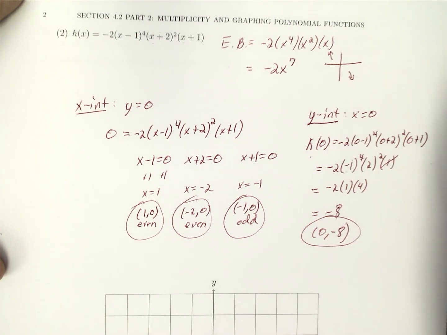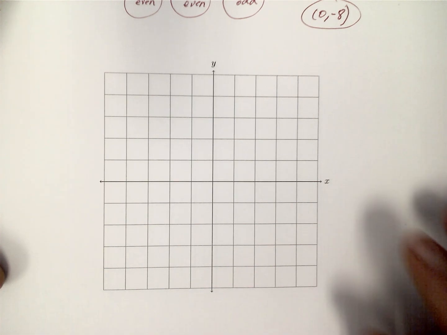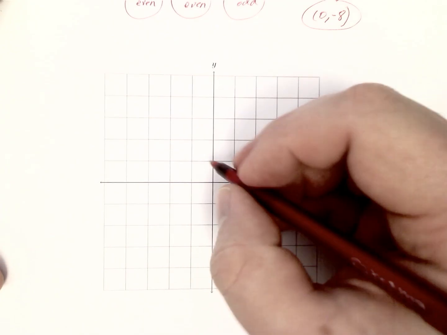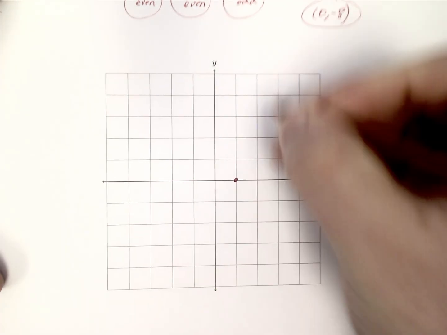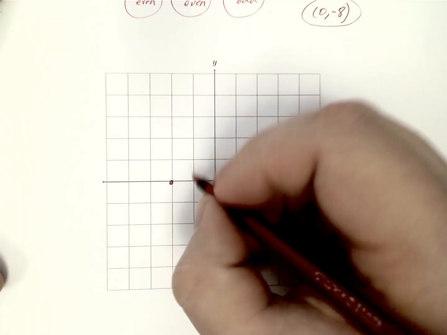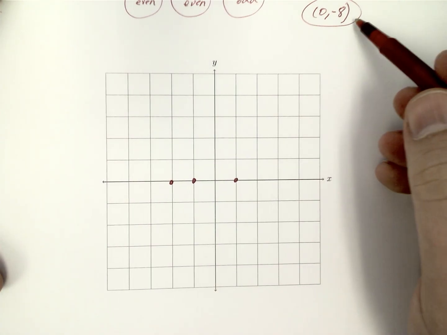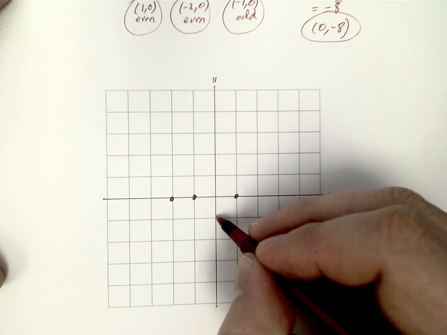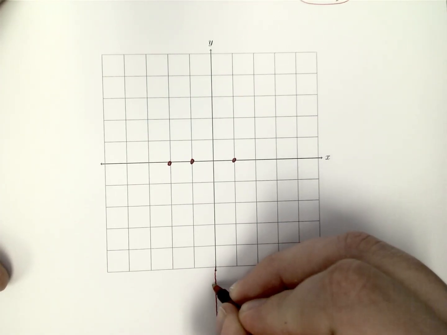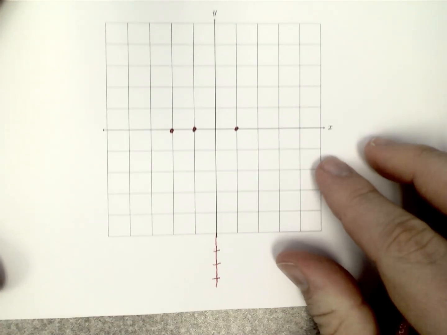Along with our end behavior up here, we can start the graph. So in this particular instance, we have 1, 0, -2, 0, and -1, 0. And we also have 0, -8. Now, -1, -2, -3, -4, -5, -6, -7, -8.